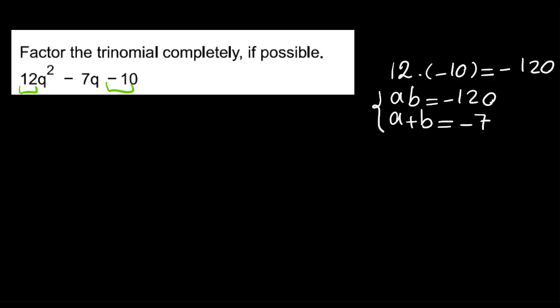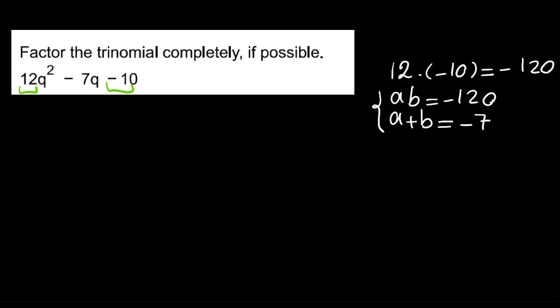There are a bunch of possibilities for a and b, but a times b should be negative 120, and at the same time a plus b should be negative 7. For example, negative 1 times 120, or positive 1 times negative 120, 2 times negative 60, or negative 2 times 60, 3 times negative 40, or negative 3 times 40. But just one option has the multiplication negative 120 and their addition negative 7.